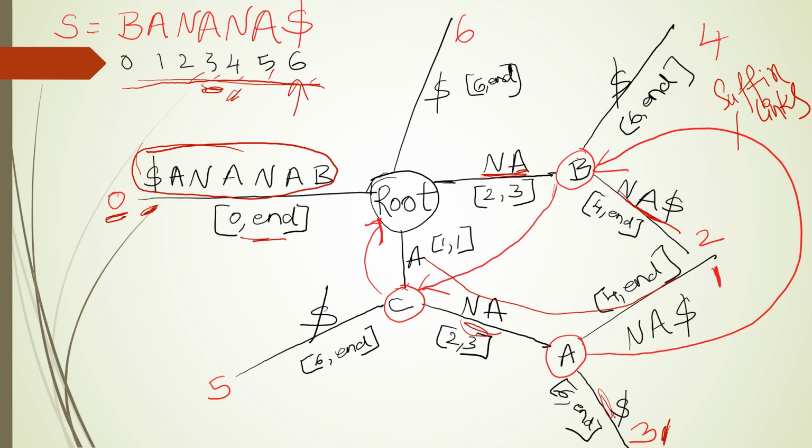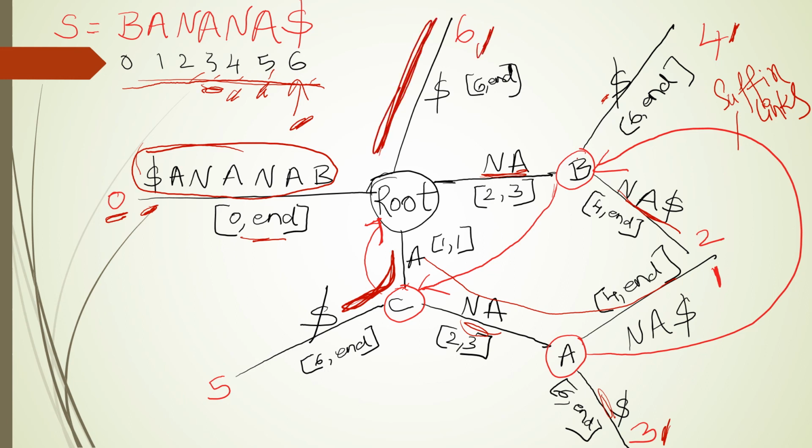From 4, I have represented 4 here, which is N A dollar. From 5, which is A dollar. And 6, the last one, is also a suffix, so this is it.